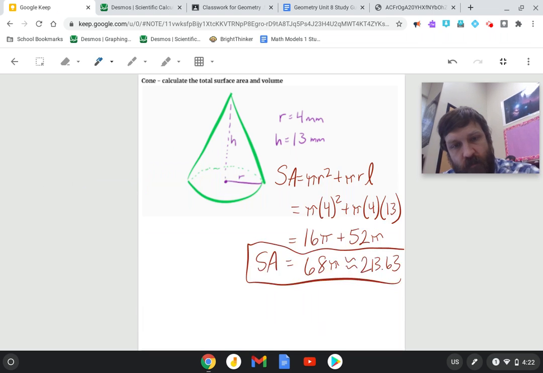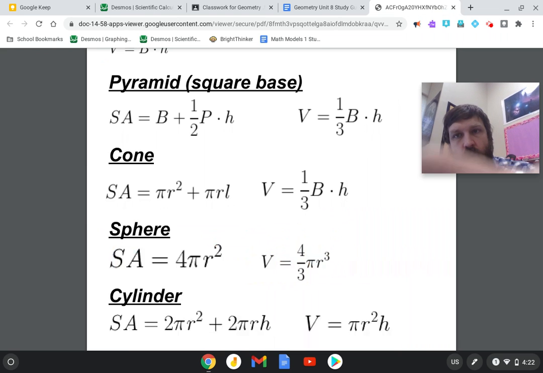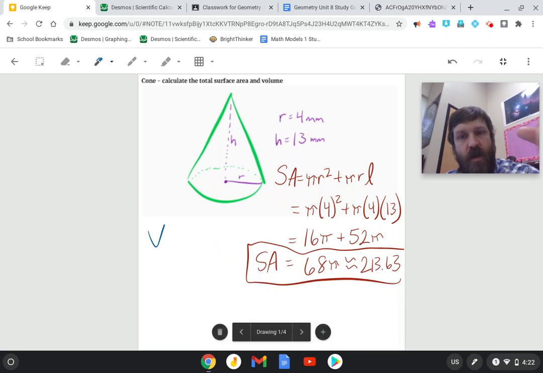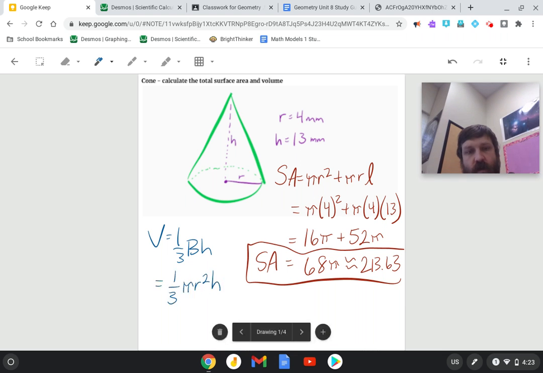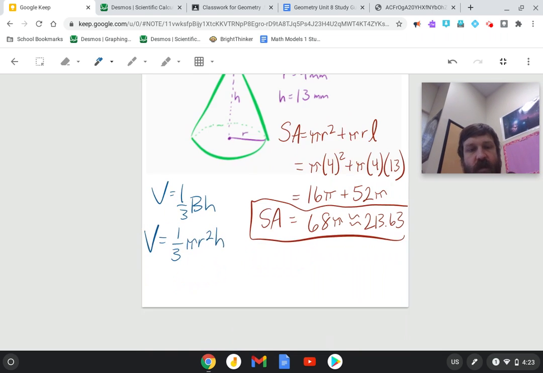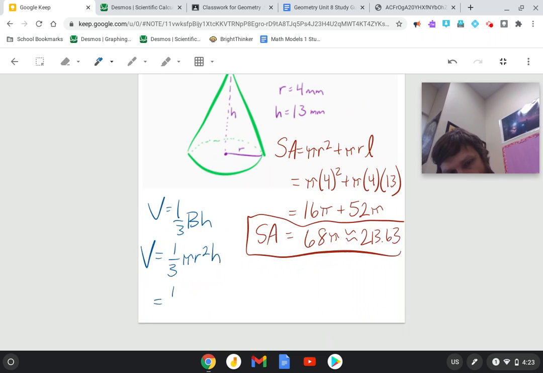Let's jump over and look at volume. The volume formula for our cone is 1/3 base area times height. 1/3 base times height, which could also be rewritten as 1/3 pi r squared h, because the formula for the base area is pi r squared. So we get 1/3 pi r squared h, so that's 4 squared times 13.